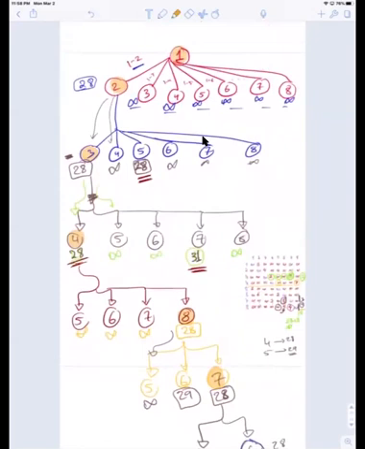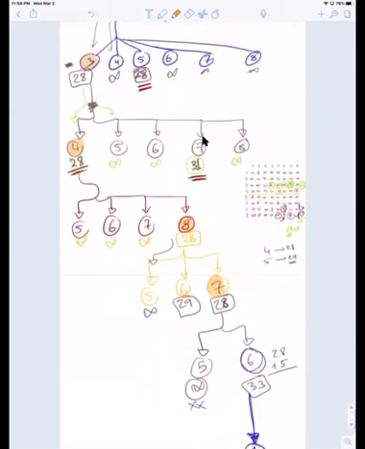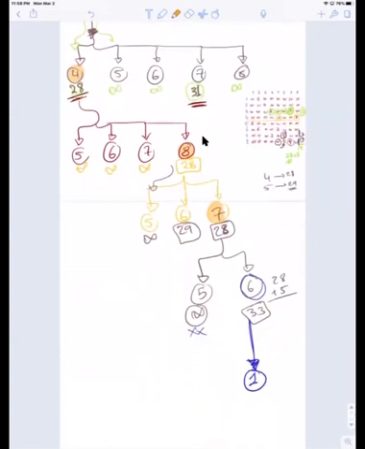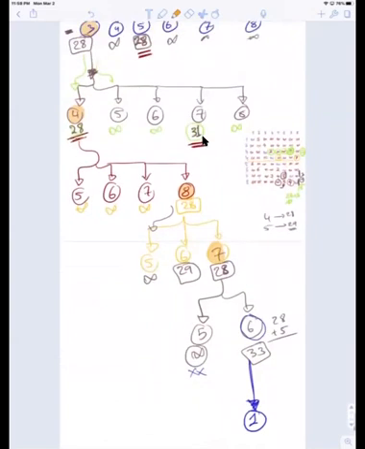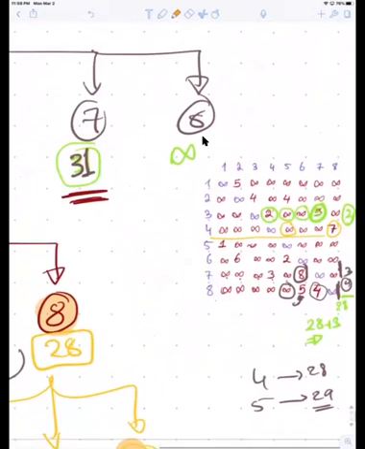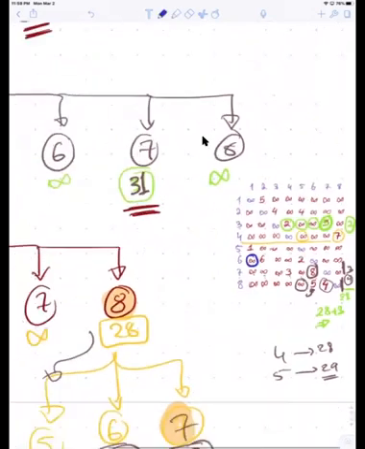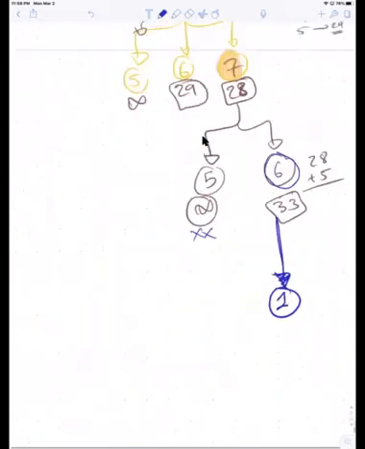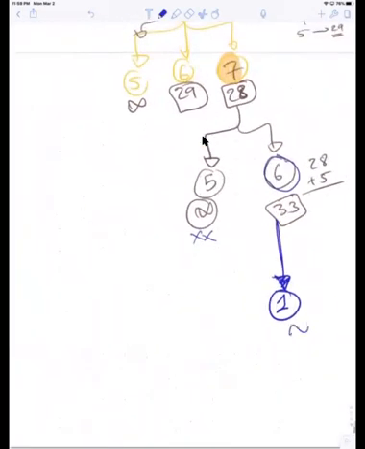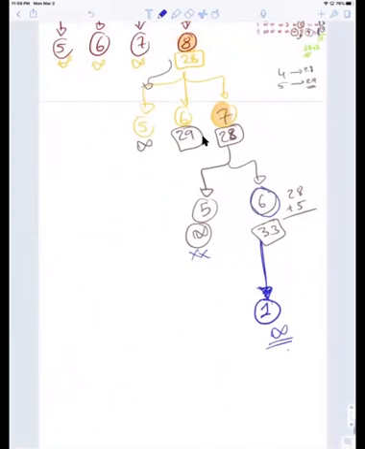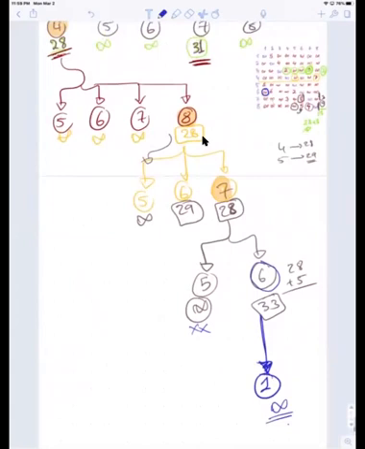So I went from 1 to 2 to 3 to 4 to 8 to 7 to 6, and now I have to go back to 1. From 6 to 1, I see infinity, so the cost of this whole path will be infinity, which is unacceptable. So I will not consider this as a solution, and I'll have to explore other nodes as well.